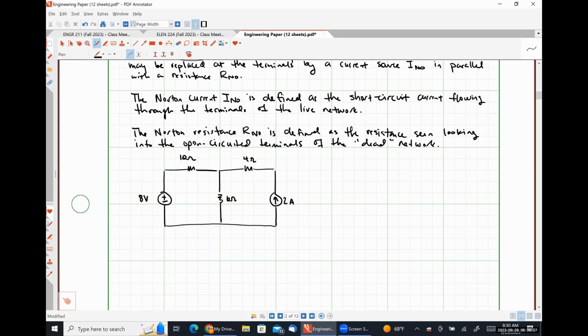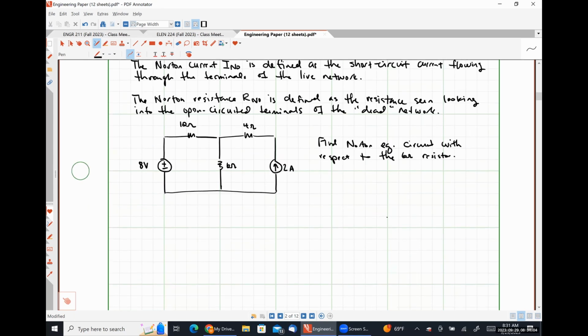If we want to find the Norton current, and let me write this down, find the Norton equivalent circuit with respect to the 6 ohm resistor.